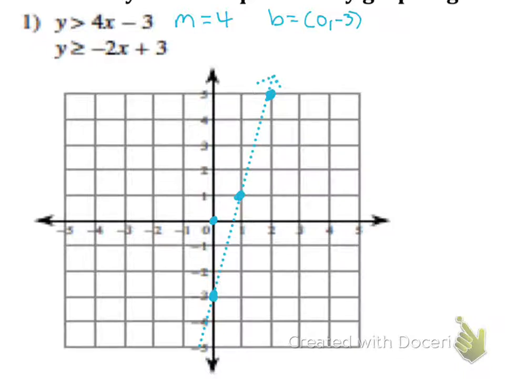It should be 0 is greater than 4 times 0 minus 3, which is 0 is greater than -3. Since that works, we'll be shading toward the origin. Or we can just look at that inequality sign, and because it's greater than, we're going to shade above that line. For this one, I'm just going to draw arrows to know which direction I'm shading. The next problem, I'll do it different.